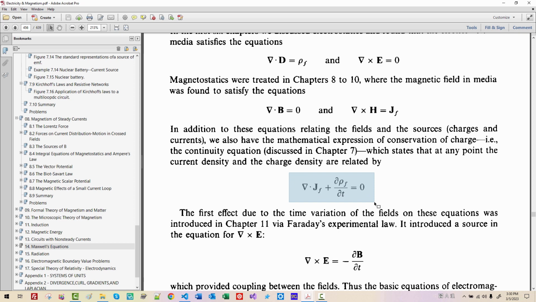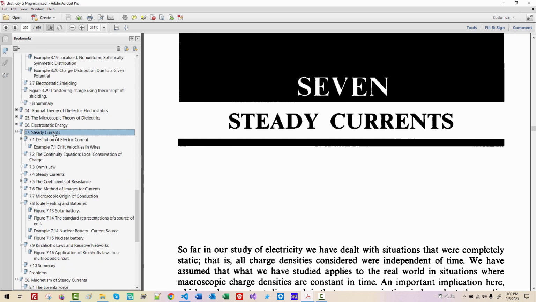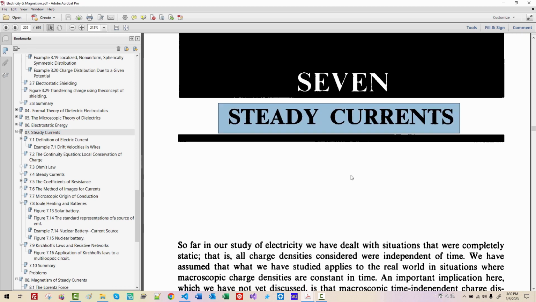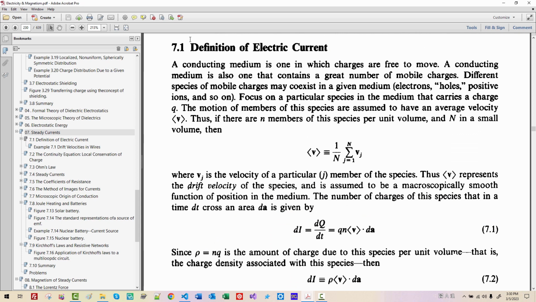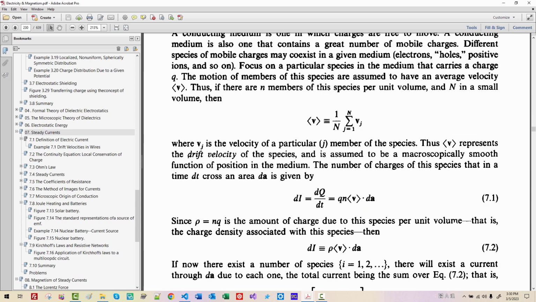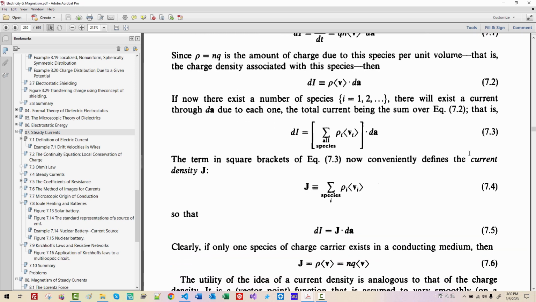To understand this continuity equation, we have to go back to chapter 7, steady currents. I will film one or two more videos about the definition of electric current. In this part of the text, current density is defined.